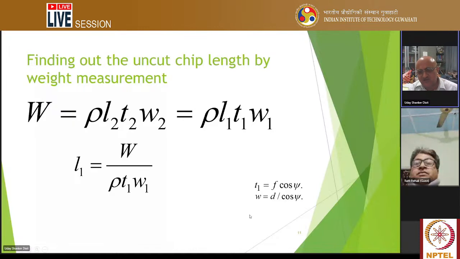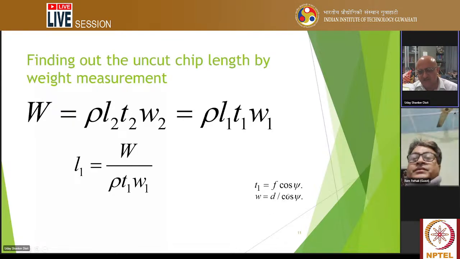Then we have to tally whether experimentally T1 is coming equal to F divided by cosine psi, and similarly W is equal to D by cosine psi. Actually, it should be like that. But there may be some difference due to vibrations or something.